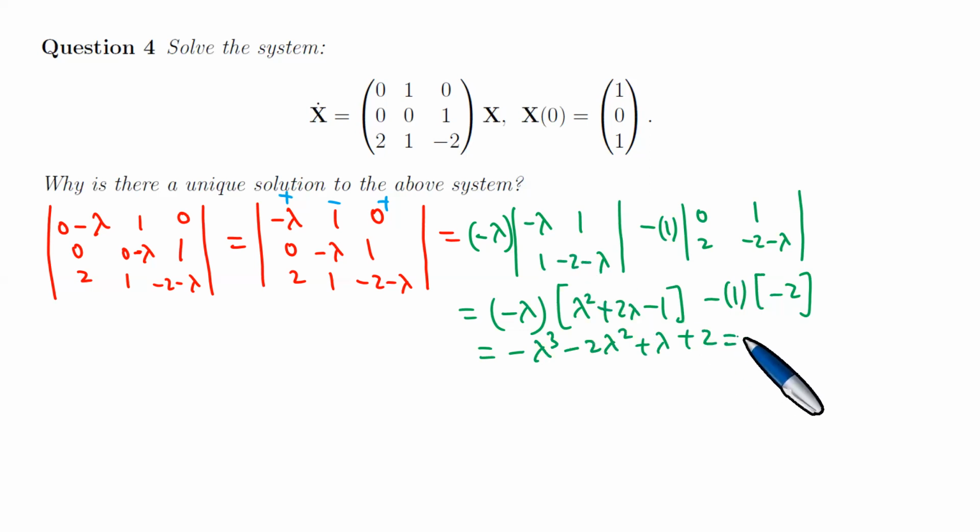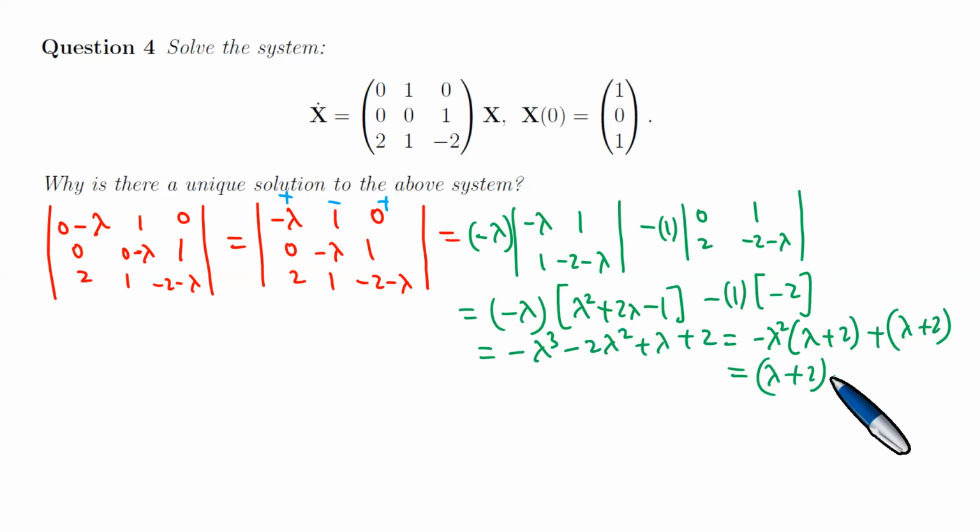Here you can factor out negative lambda squared. Factorize this, so it becomes lambda plus 2, and then we have lambda plus 2. And then this is actually lambda plus 2 into, you can write it as 1 minus lambda squared, or minus lambda squared plus 1.